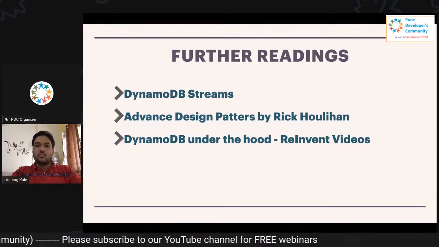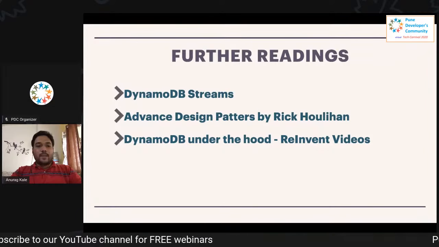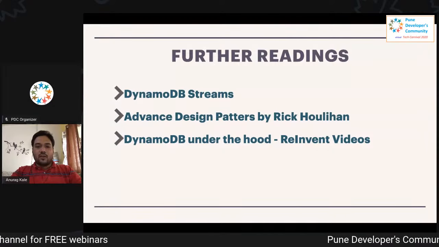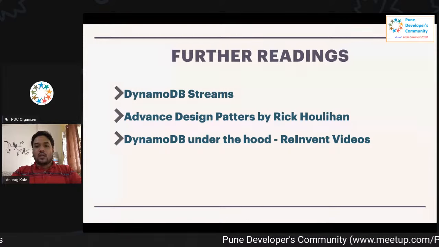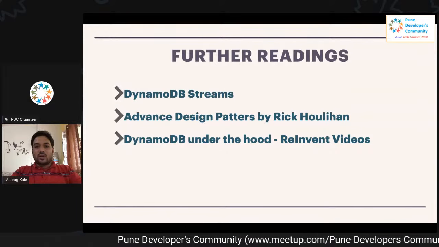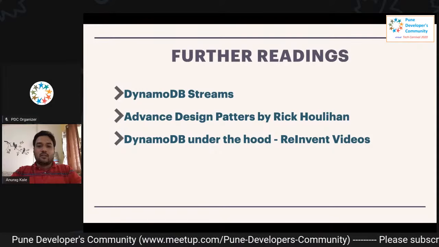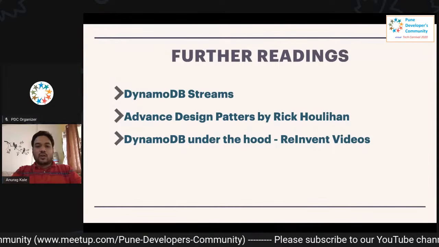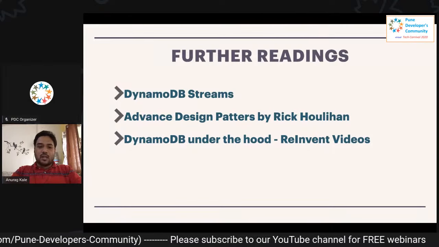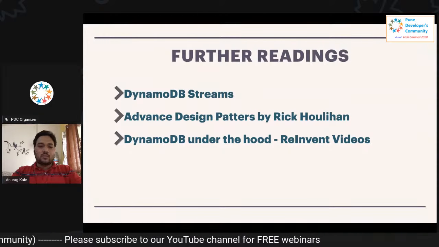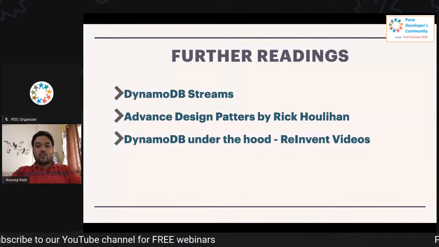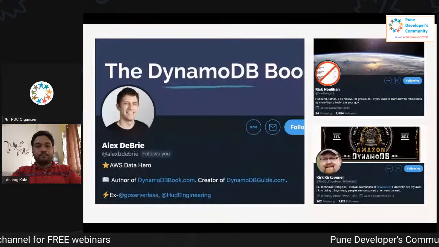How exactly are you going to model that? You can find something in the advanced design pattern talks by Rick Houlihan. He has given this talk multiple times, but his talk from re:Invent is very good. Also, if you want to understand how DynamoDB operates under the hood, you should definitely look at the session called DynamoDB Under the Hood from re:Invent.